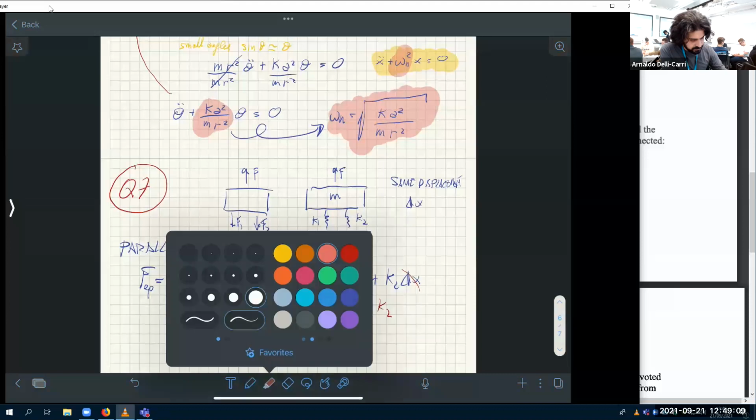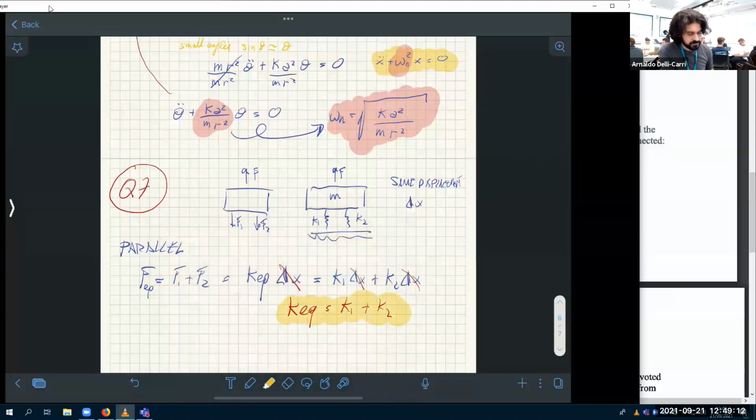There you go, solved. And this is for springs in parallel.